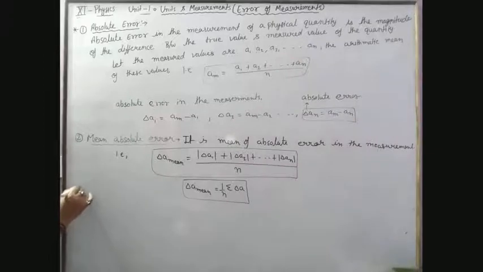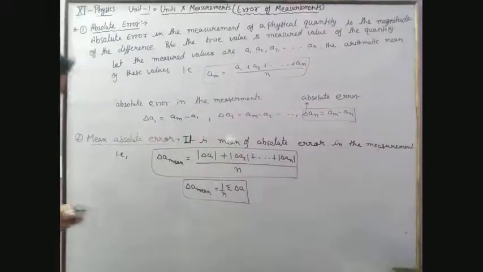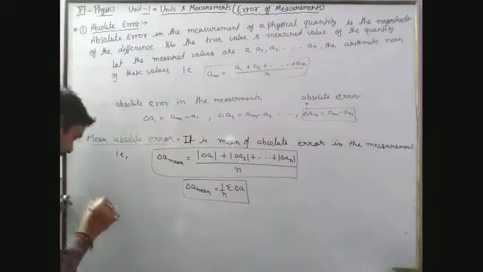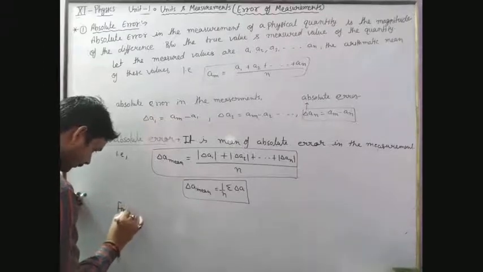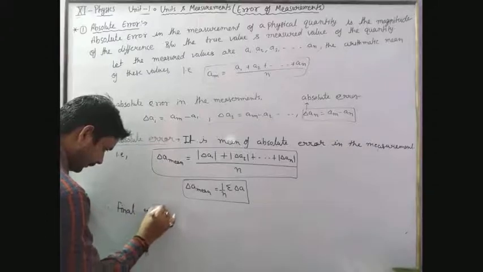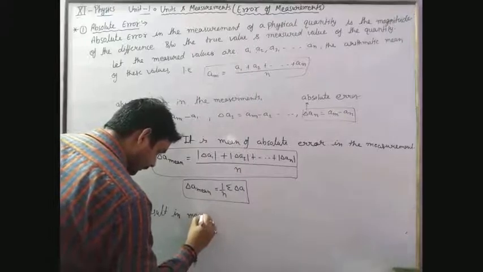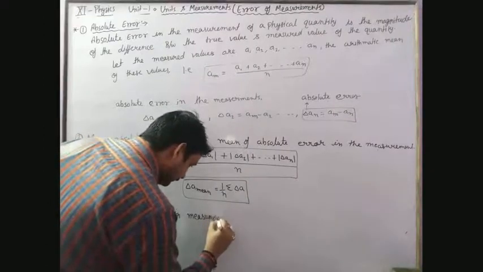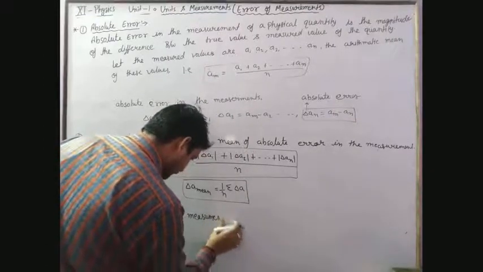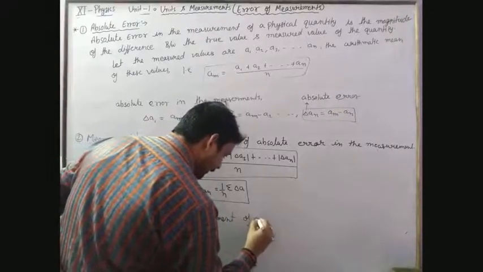Next, when we calculate the mean and the mean absolute error in the measurement, we can calculate the final result in measurement of a quantity.